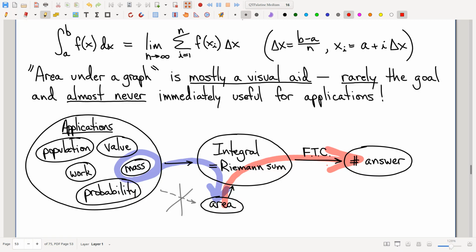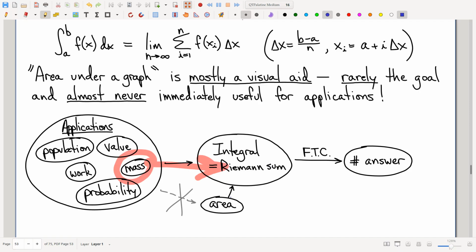Yes? Wouldn't density be kind of like the antiderivative of mass, like the area under a density curve? I mean, we want to distinguish between what's true versus what's clear, right? And so, yes, the area under the density curve is the mass. The question is why. And the reason why, if I may, is that mass can be written as a Riemann sum.